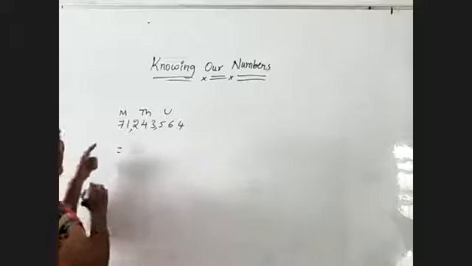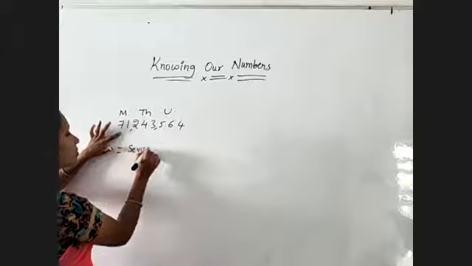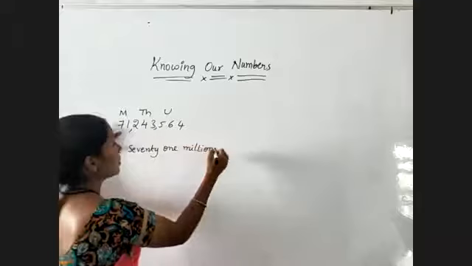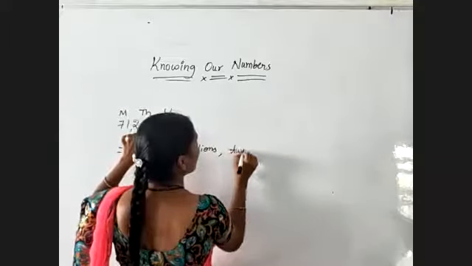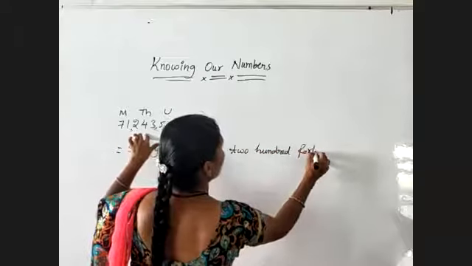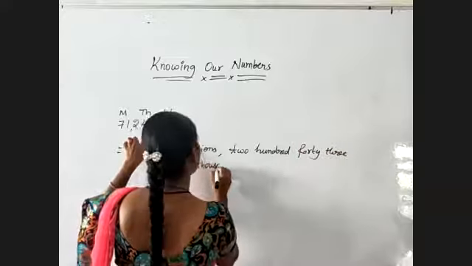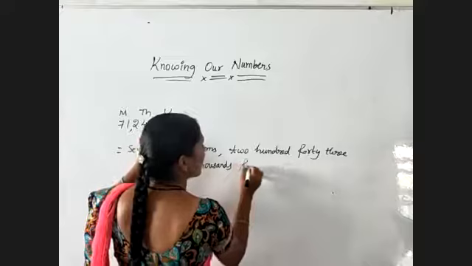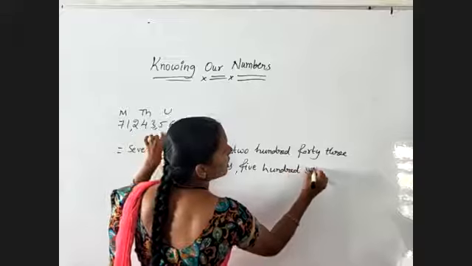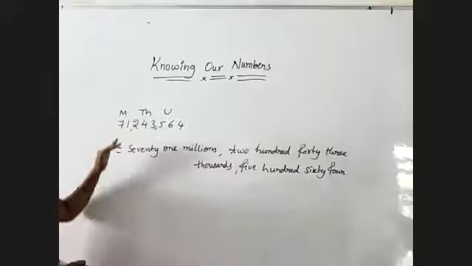Then write in the international place value system: 71 million, 243,564. In this way we can write the number even if they did not mention the name.